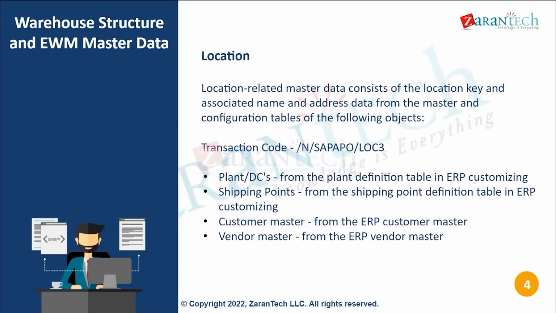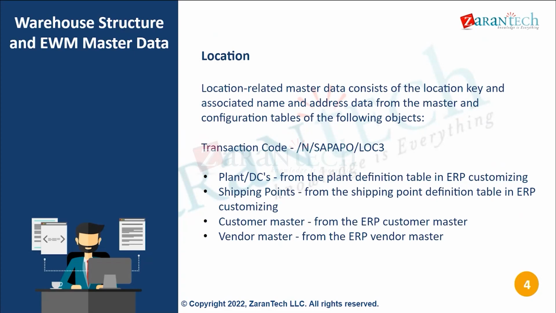For that in EWM we have to have a location and a location type. You can see this is the standard T code to create the location: TLOC 1, 2, and 3. One is for create, change, and display.